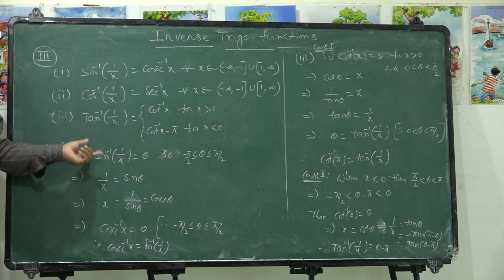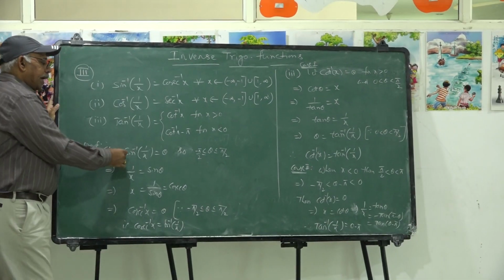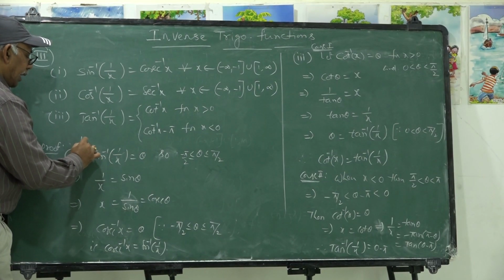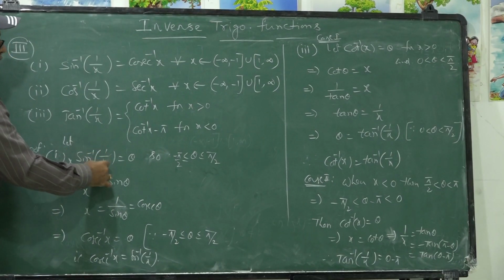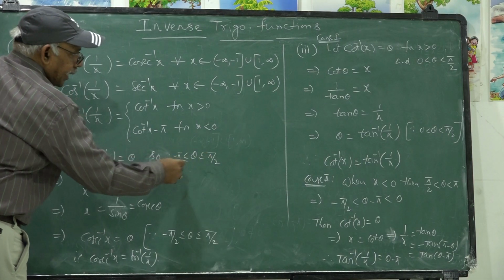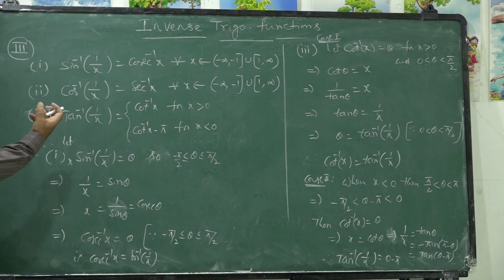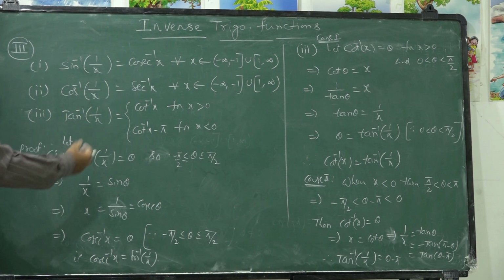Coming to the proof of the first one, let sin inverse of 1 by x be theta. Taking theta as sin inverse of 1 by x, here theta always lies between minus pi by 2 to pi by 2, as our discussion is confined to principal branch values of inverse functions.